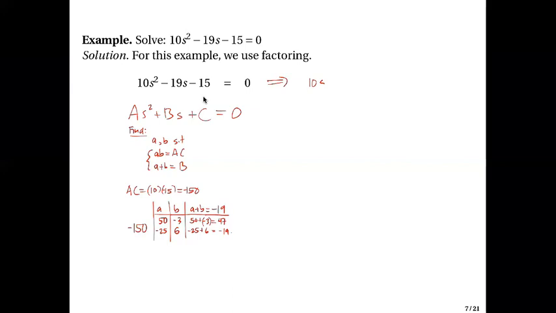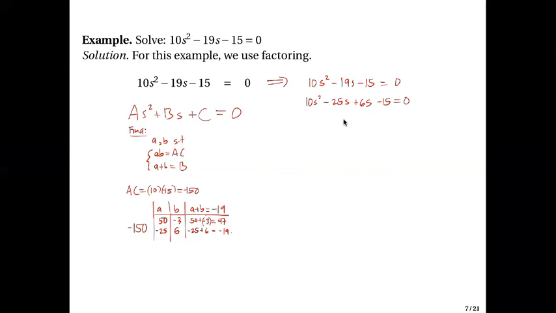And we write this as 10s squared minus 25s plus 6s minus 15 equals 0. We use this negative 25 and 6.